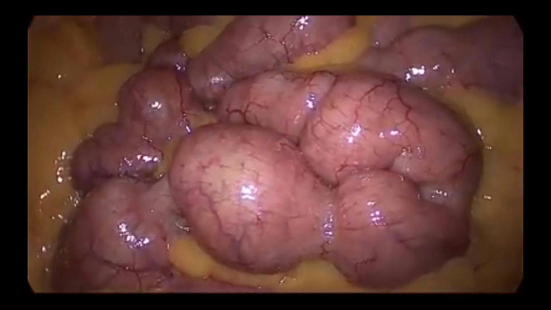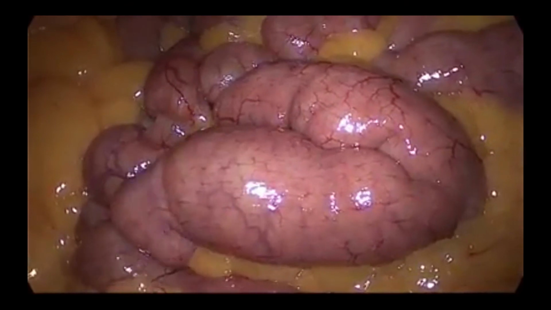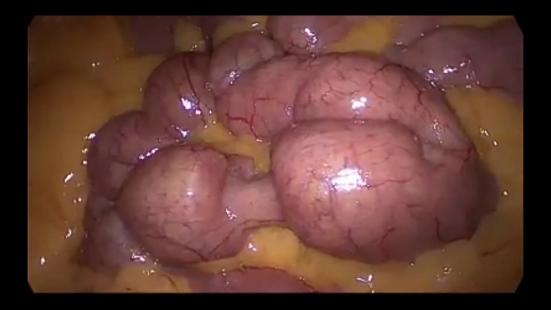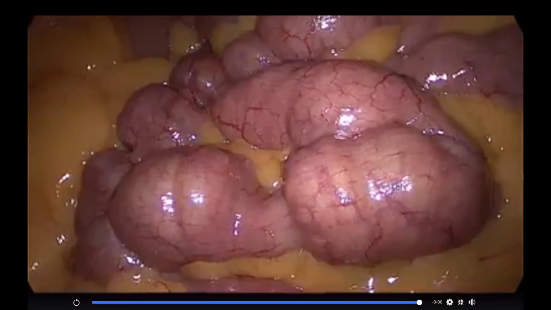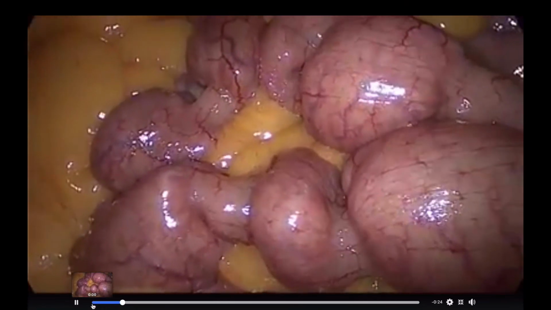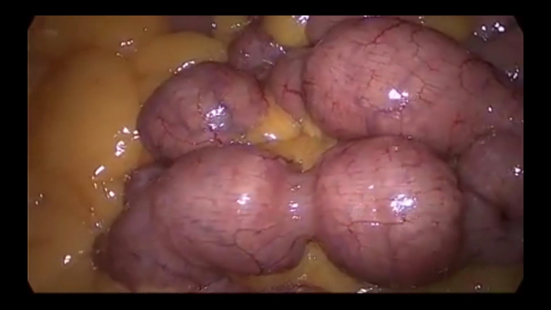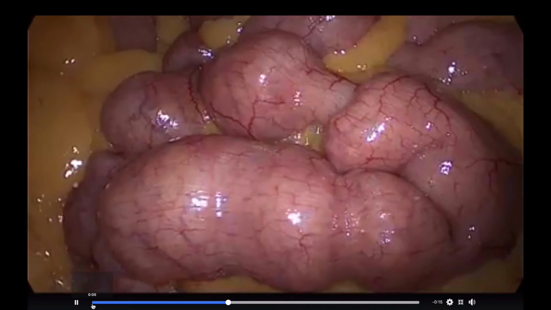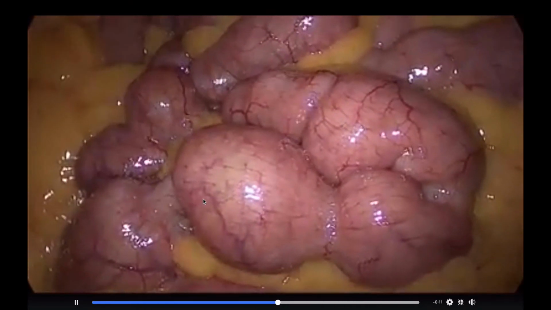There is a myenteric and submucosal plexus. We call them parasympathetic and sympathetic nerves. These nerves are innervating the intestine, and automatically once the food is present in the esophagus and GI tract, this kind of rhythmic wave-like contraction takes place, and this keeps moving the food.